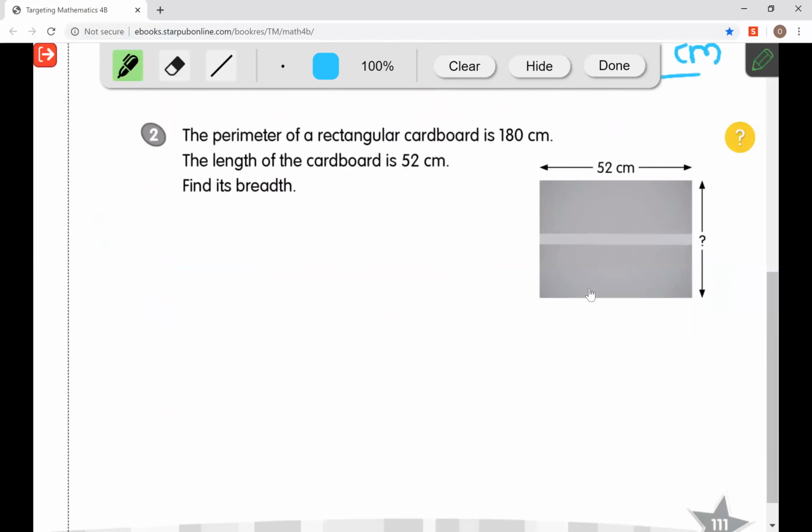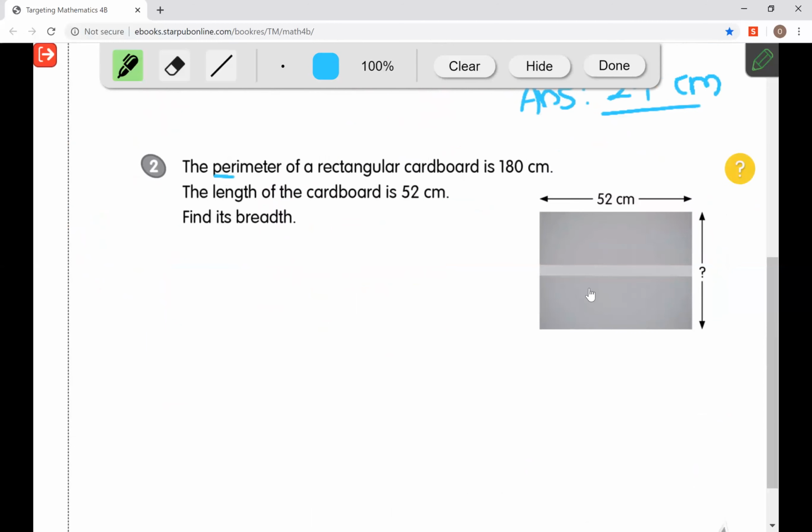Question 2, we are given the perimeter of a rectangular cardboard. So now it's no longer a square, now it's a rectangle. Okay, and the perimeter is 180 centimeter. And the question tells us that the length is 52 centimeter as shown over here at the rectangle, 52 centimeter.